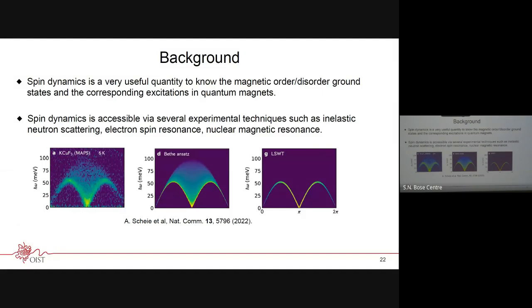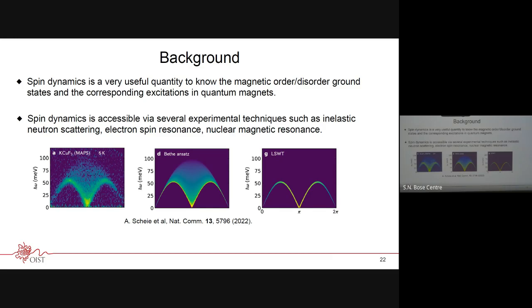And they deal with the famous one-dimensional quantum magnet, potassium copper fluoride, KCuF3. This is the experimental data of the inelastic neutron scattering measurement. We can see clear continuum-like behavior that corresponds to the spinon continuum, and that clearly matches the Bethe ansatz result, which is the exact result of the model.